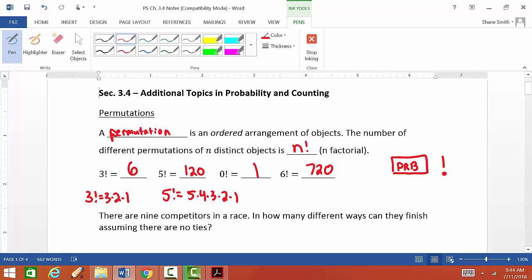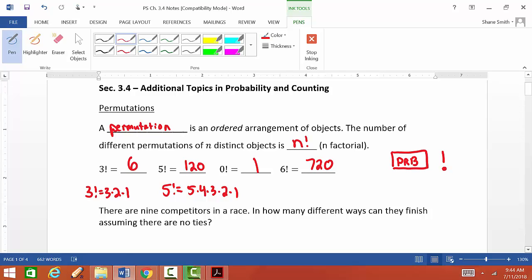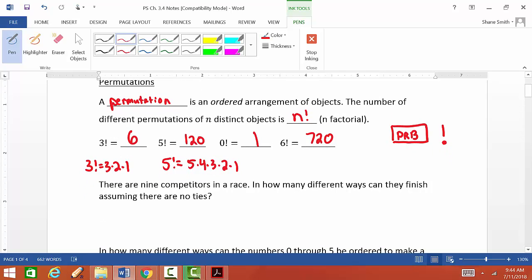Now factorials grow at an extremely fast pace, which is kind of interesting. If you type in 70 factorial, most scientific calculators cannot handle it. You'll get something called an overflow error, and that just means that there's more than 100 digits, which is huge, right?